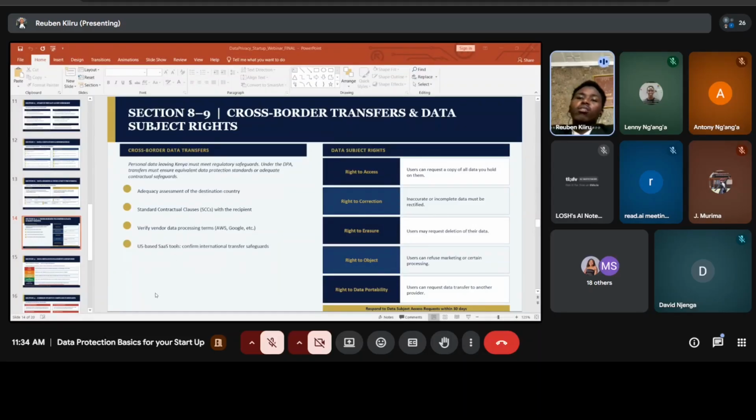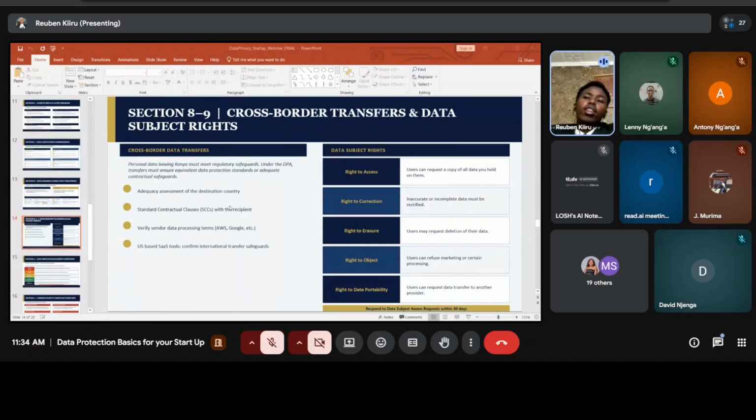The reality with the internet is that data is always transferred in various jurisdictions. Because of the cloud hosting services and the email services, there's a lot of cross-border data transfer that occurs.